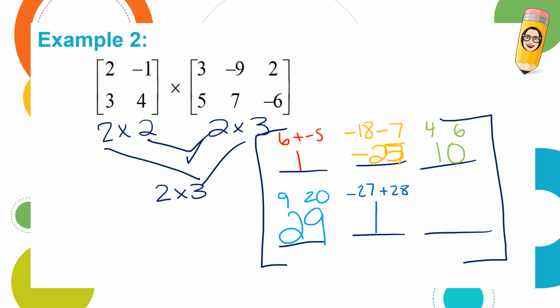And my last spot would be bottom right. 2 times 3, 4 times negative 6, negative 18. So my final matrix is just those single numbers. You don't have to show me work, or your work could be outside of the matrix if you'd like. That's up to you.